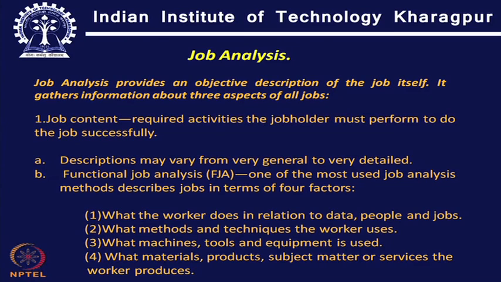Next is functional job analysis, where the job itself is defined in terms of 4 factors: what the worker does in relation to data, people and things; what methods and techniques the worker uses; what machines, tools and equipment are needed; and what materials, products, services or subject matter the worker is producing.